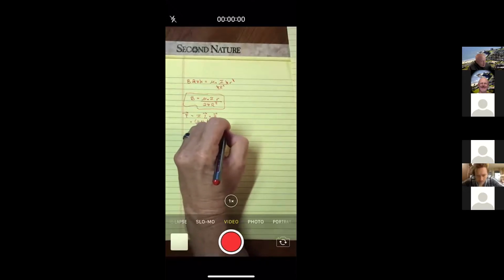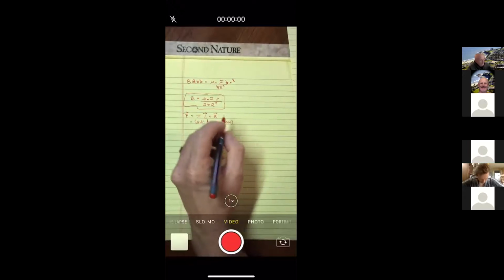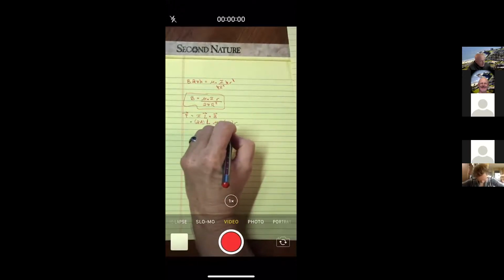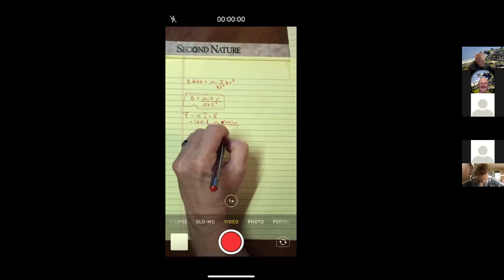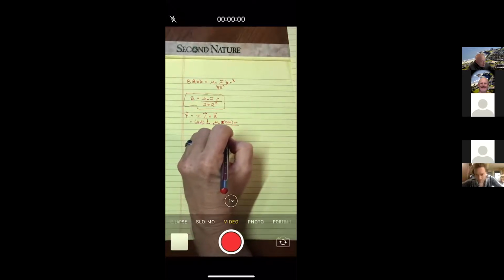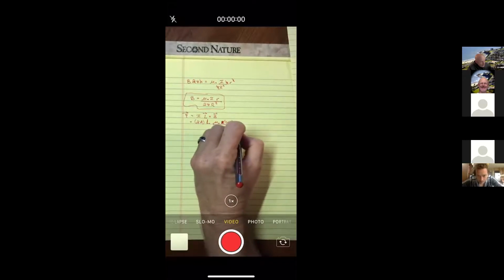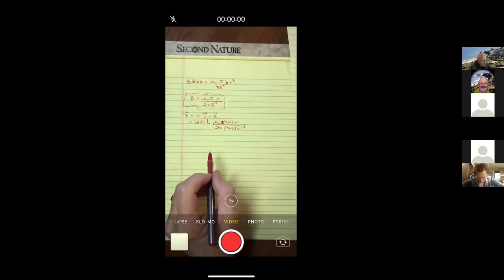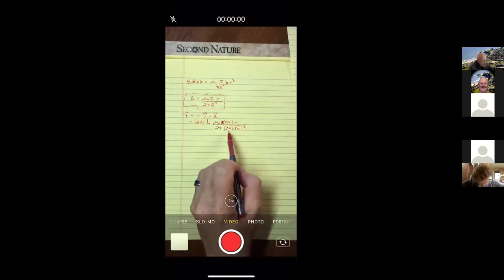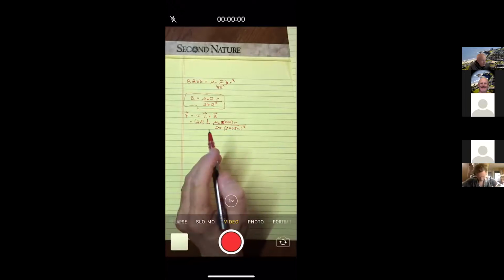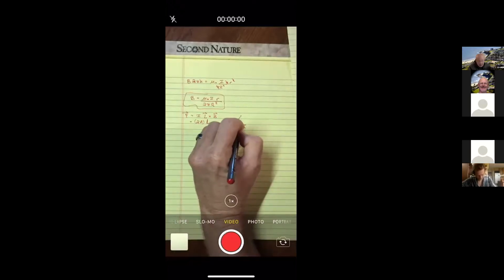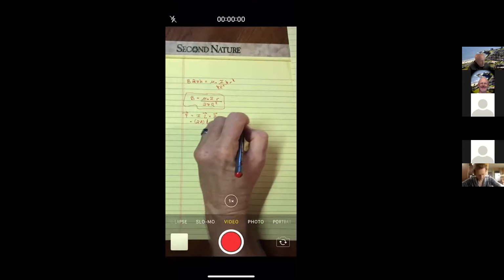Let me put that as 200 amps times the r over the 2 pi, and then the R squared, which they said was a half a centimeter. So let me put that as 0.0005 meters. Maybe I could even put the r, they wanted me to find it at 0.0002 meters.